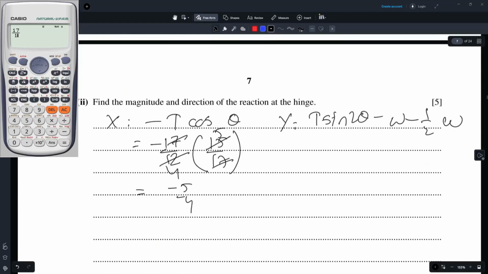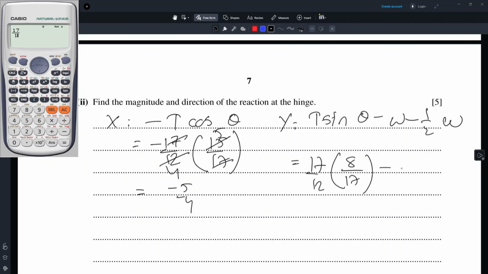Then what we have is y equals to T sine 2 theta. So we have T sine theta. So we have 17 by 12, 8 by 17 minus 3 by 2 W. And there's going to be W as well.